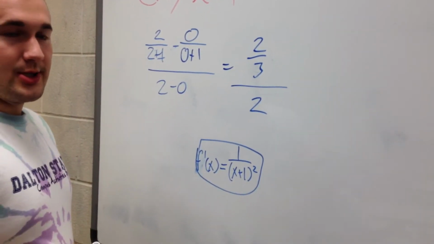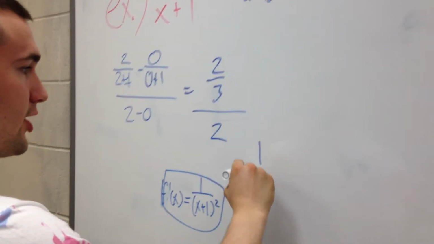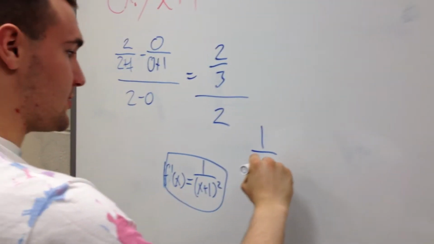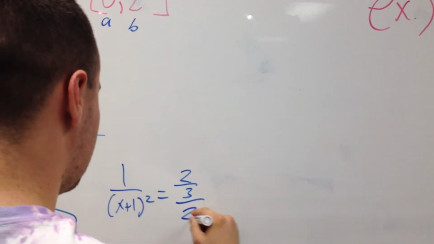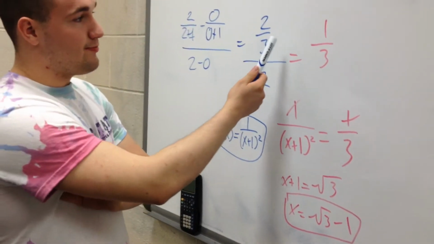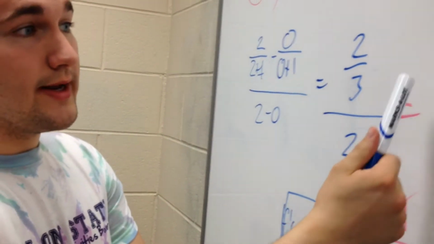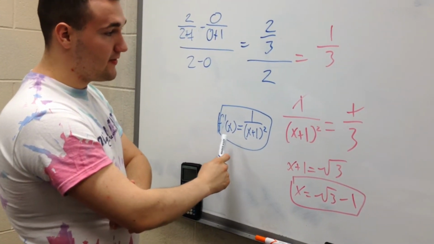Now that you have this equation, you're going to set it equal to your f prime. So now you have 1 over x plus 1 squared equals 2/3 divided by 2. And we're solving. When we plug this in the calculator, this is actually 1 divided by 3. So then we set it equal to our derivative.